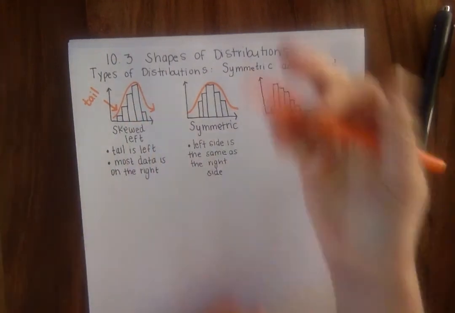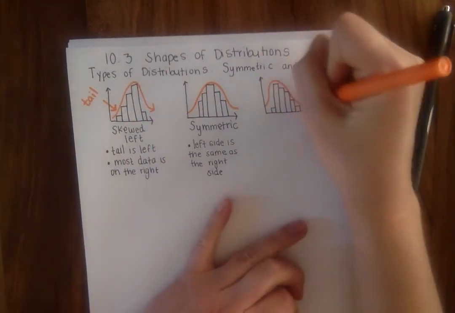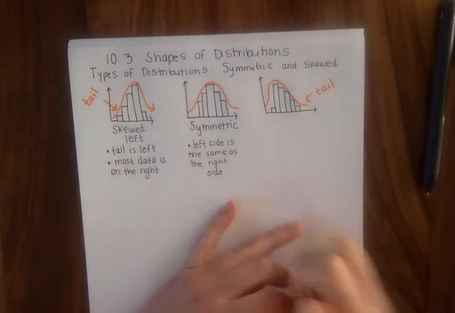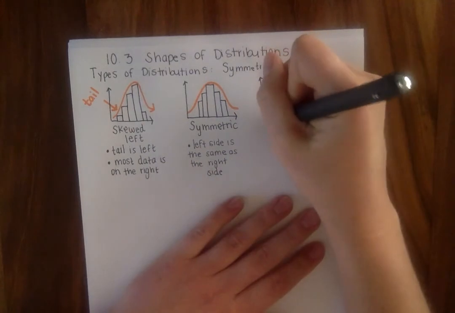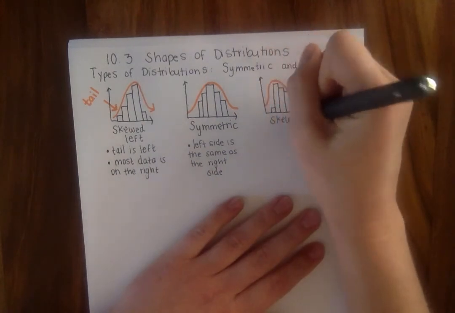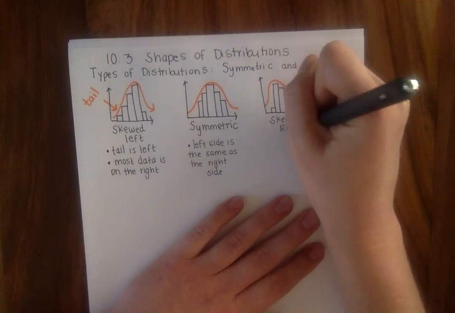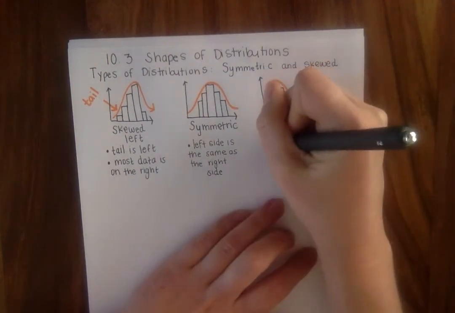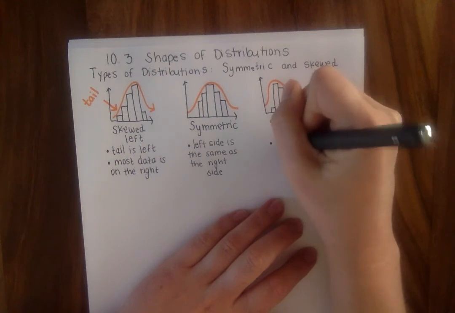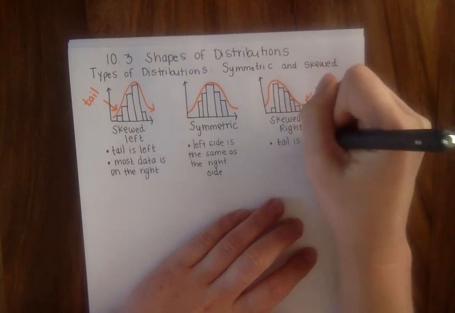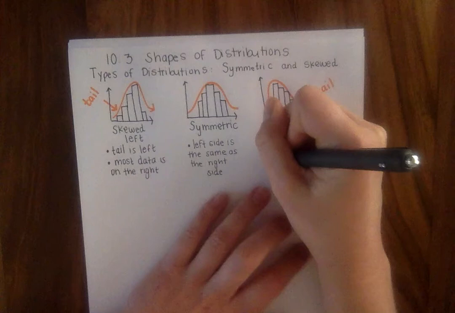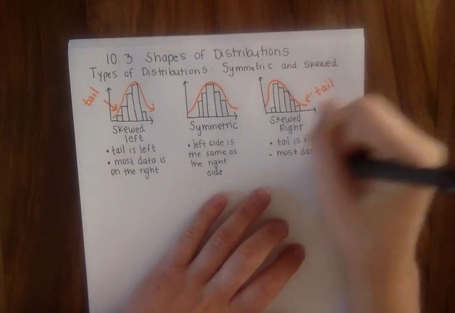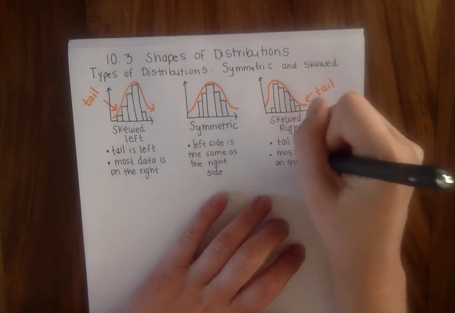This time the tail of my data is on the right, so this is a skewed right distribution. Because my tail is on the right, most of my data is on the left. Tail is right. Most data is on the left.